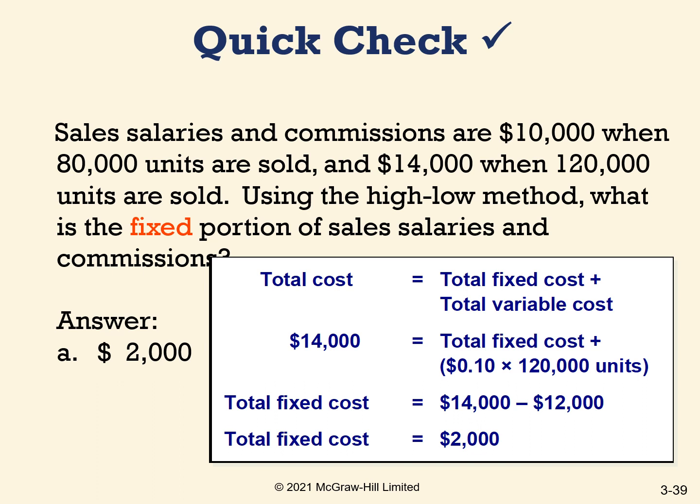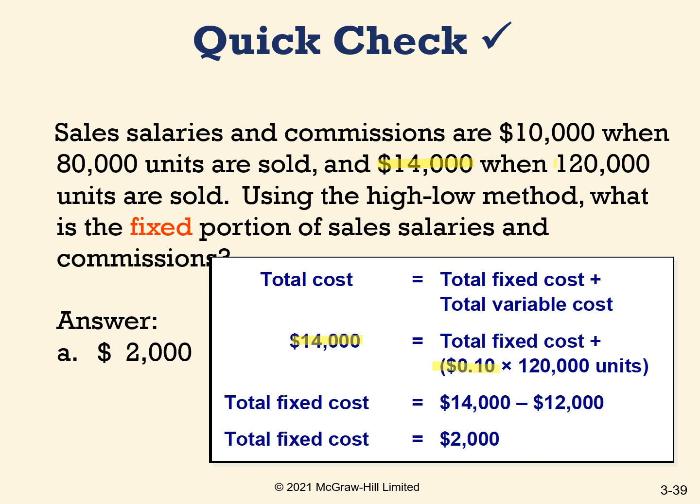So our total cost is equal to our total fixed cost and total variable cost. In this case, if we want to use our high data point again, our total cost is this $14,000, we're looking for our total fixed cost, and we know from the last slide that our cost per unit was this 10 cents.